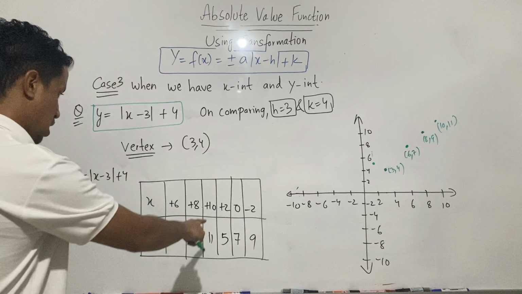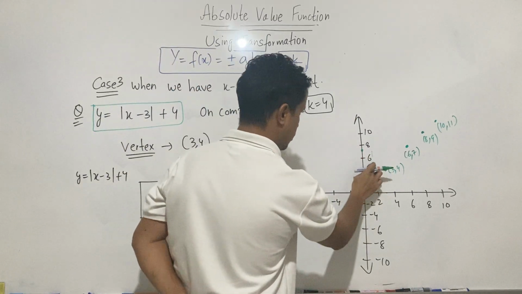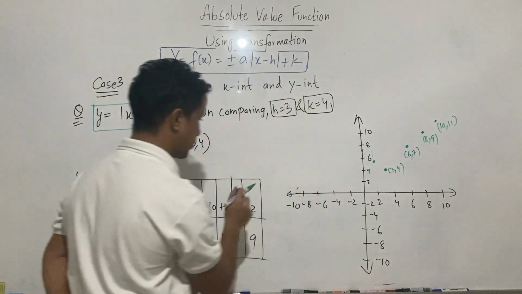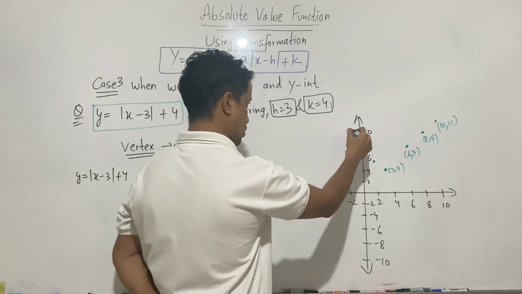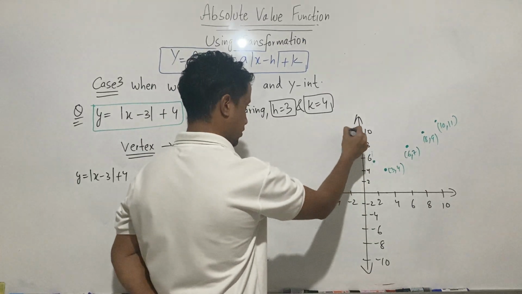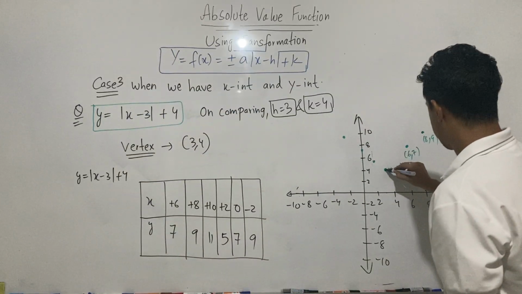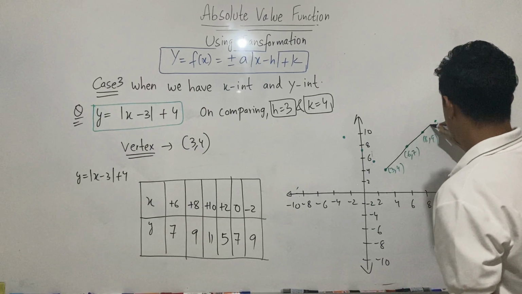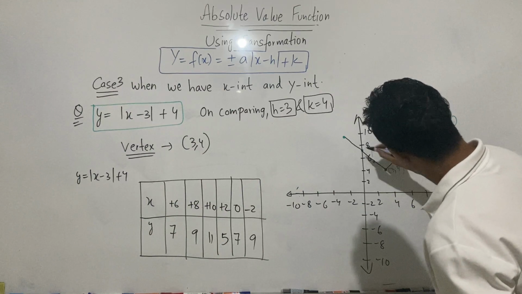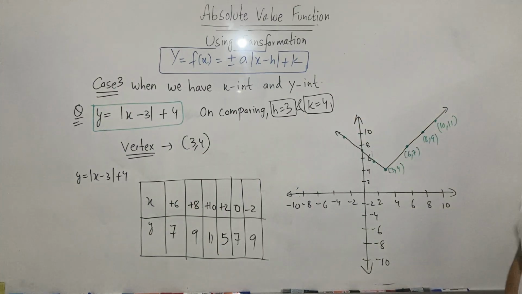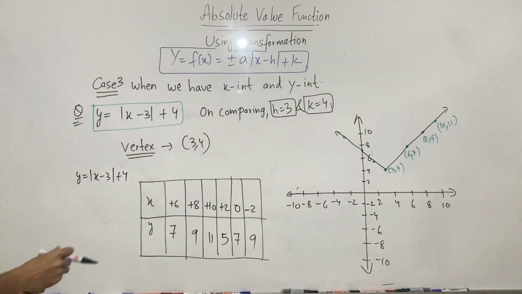Then (0, 7), then this point. Then (minus 2, 9), this point. If you connect them, what will you get? This is going to be the final curve.